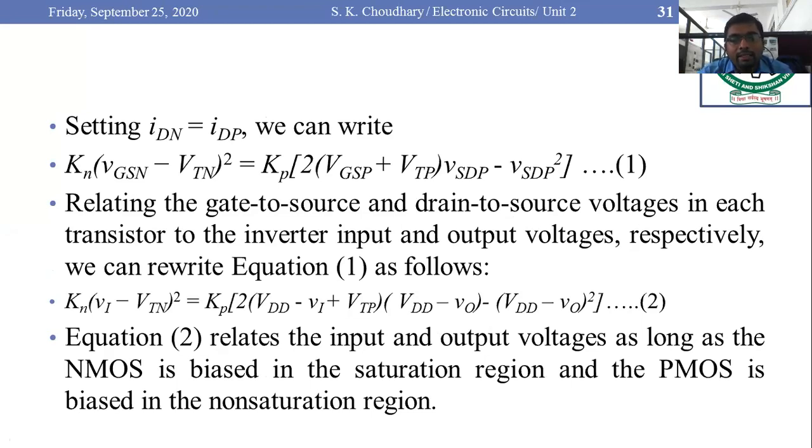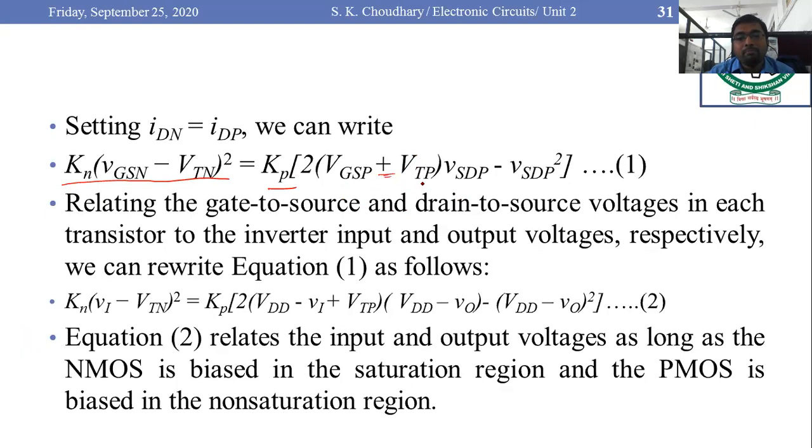IDN: as we know the NMOS is biased in the saturation region, so it can be written as the saturation region current Kn times (VGSN minus VTN) whole square. But the PMOS is biased in the non-saturation region, so as per the current formula in the non-saturation region, it is Kp times [2(VGSP plus VTP) VSDP minus VSDP squared]. Here it is not the minus sign, it is a plus sign because VTP is a negative parameter.